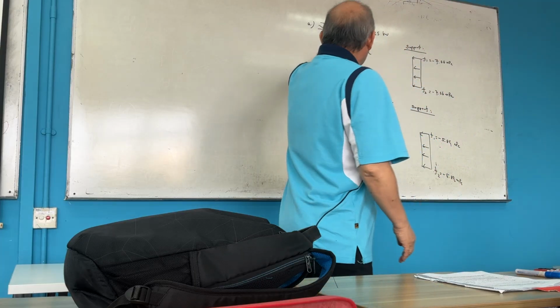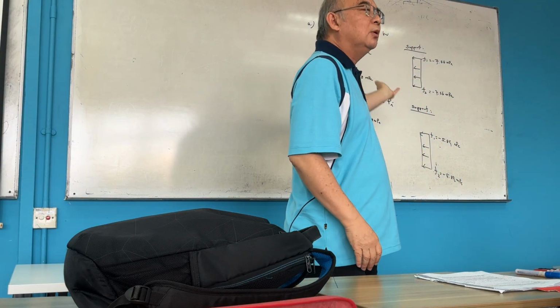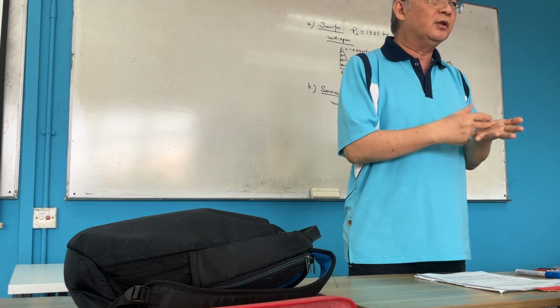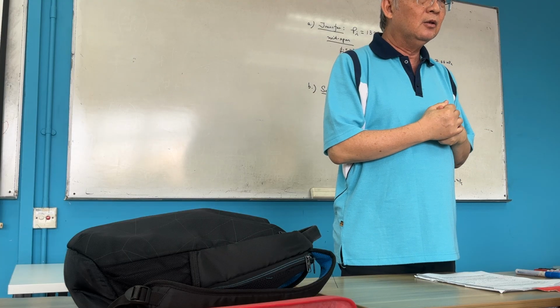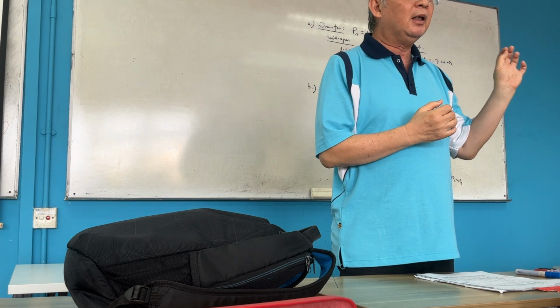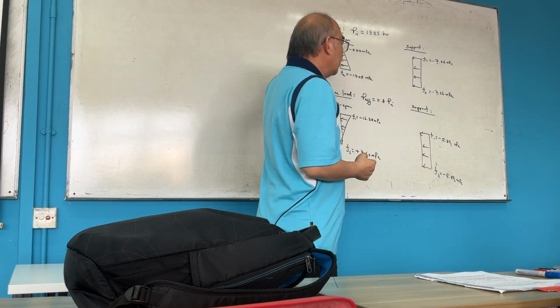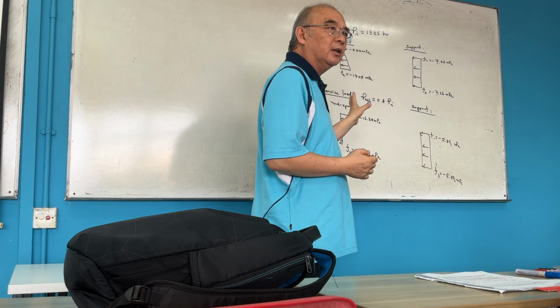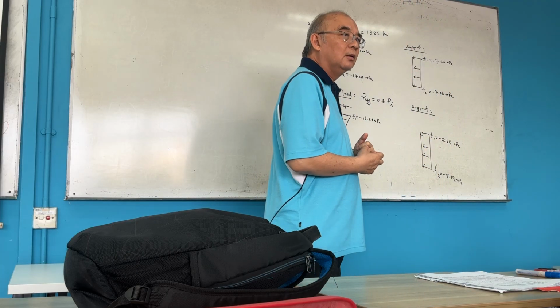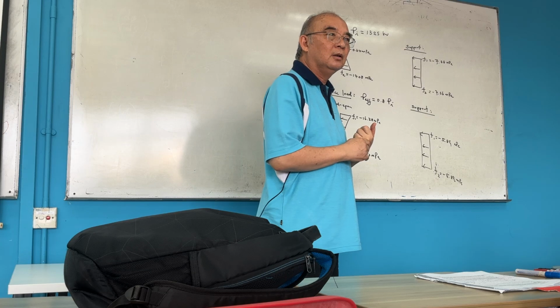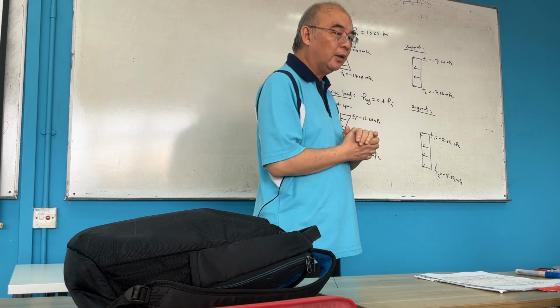So this part, if you can do correctly, then maybe you can get 16 or 17 marks out of 25. I think part A is 7 marks, and part B is 10 marks.